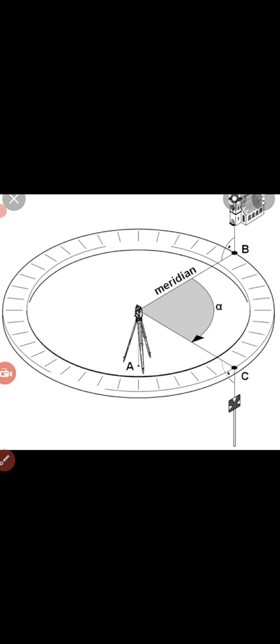Clamp the lower clamping screw. To accurately bisect the point, you can use the tangent screw corresponding to the lower clamping screw. So the tangent screw will work only after the corresponding main clamping screw is clamped tightly.